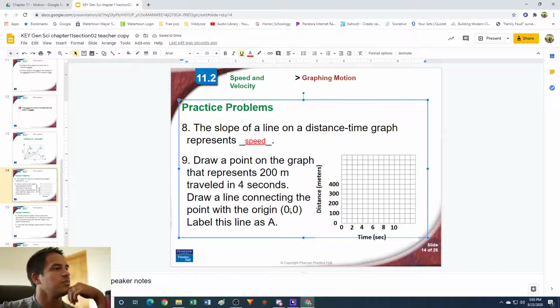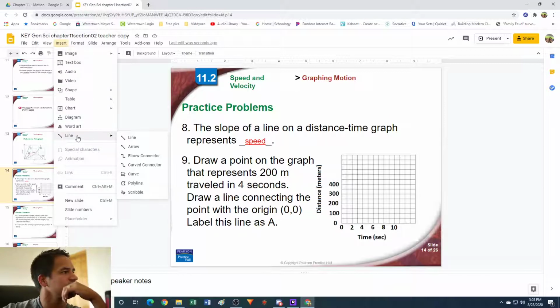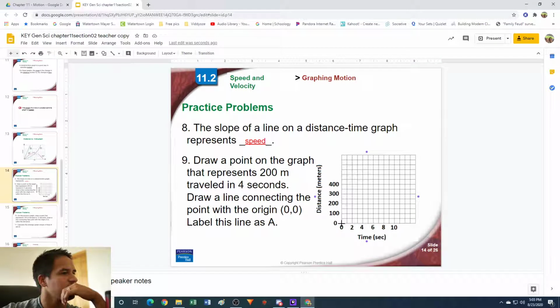All right. Number 9, draw a point on the graph that represents 200 meters traveled in 4 seconds. Draw a line connecting the point with the origin. Label this A. Okay, so we're going to go insert line. So we're going from 0 to 4 seconds to 200. Okay, so it's going to be 4 seconds, 200. So we're basically going to go right there.